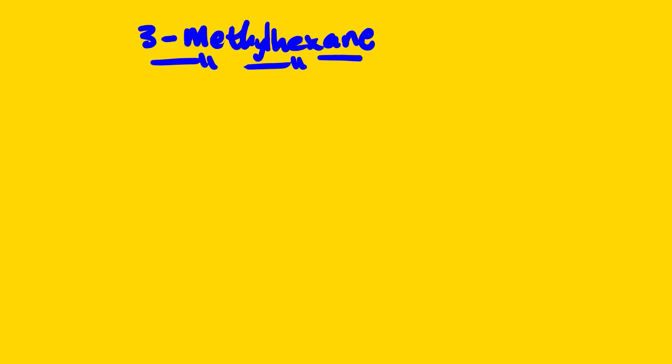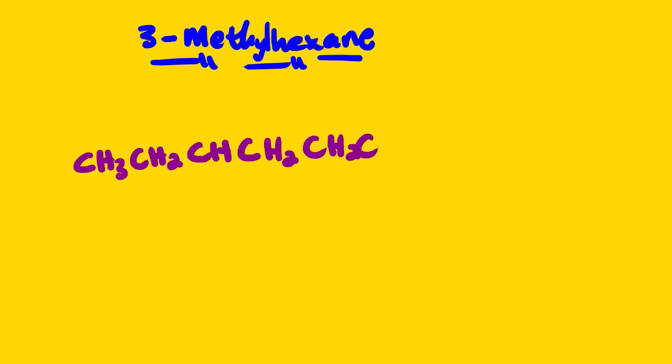Let me just quickly draw the condensed formula of this. So we have CH3, CH2, CH, CH2, CH2, CH3. Hexane, we have to have 6 carbons: 1, 2, 3, 4, 5, 6. And then our methyl group will be here, CH3.